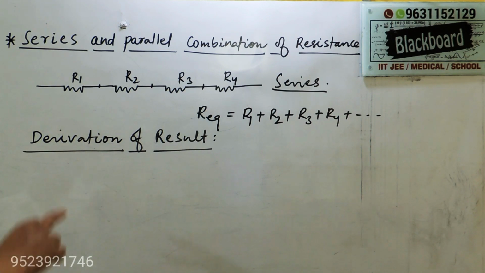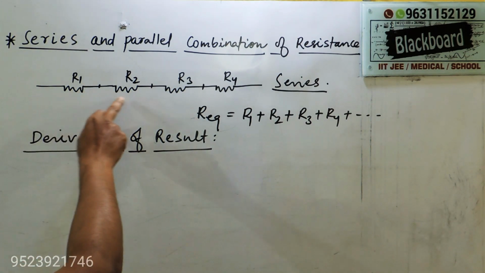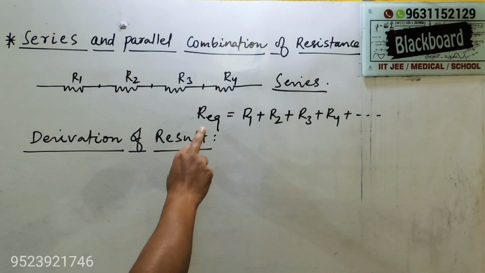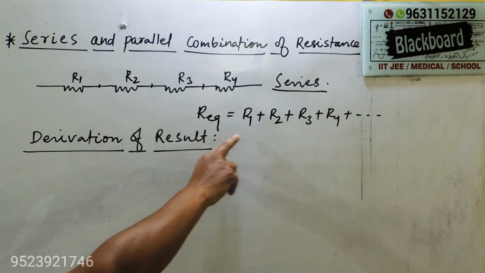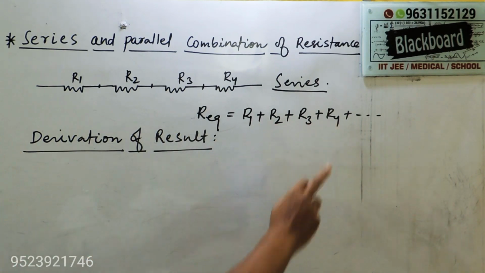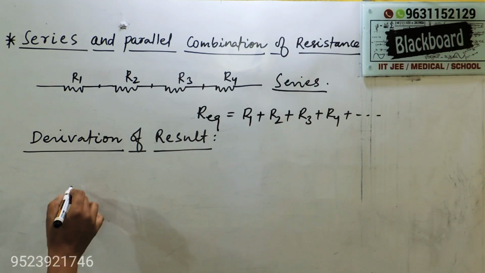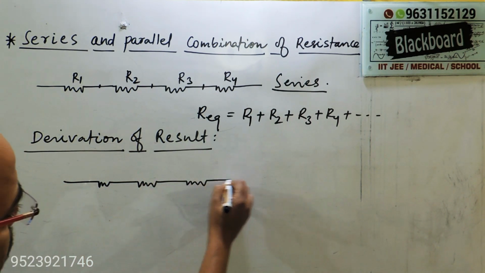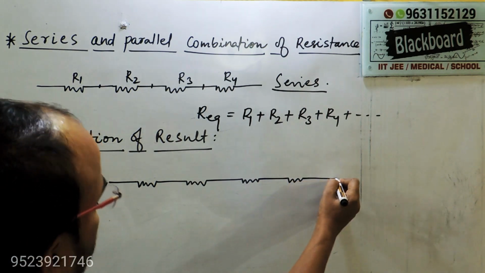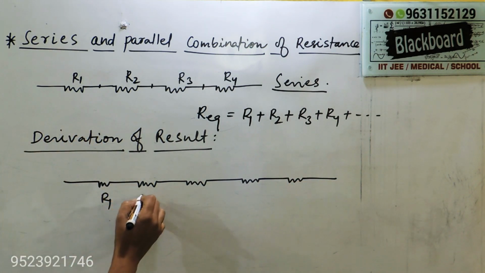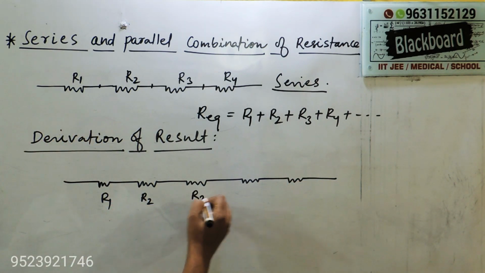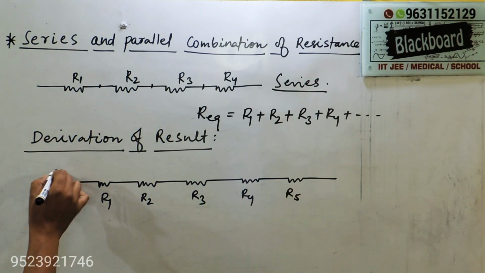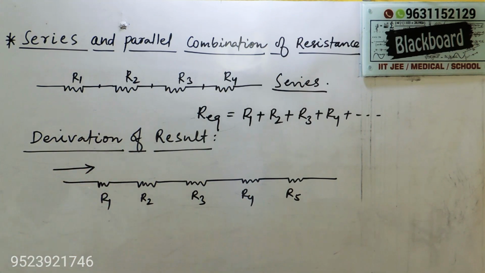Now, the derivation of this result. If resistances are in series R1, R2, R3, R4, then the formula for equivalent resistance is equal to R1 plus R2 plus R3 plus R4. So here this is the combination of resistance: R1, R2, R3, R4 and R5, and current is entering from this portion.